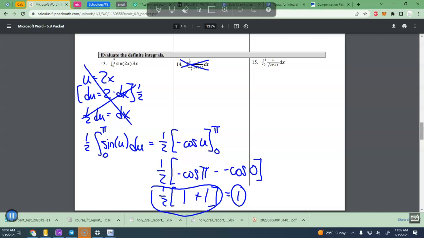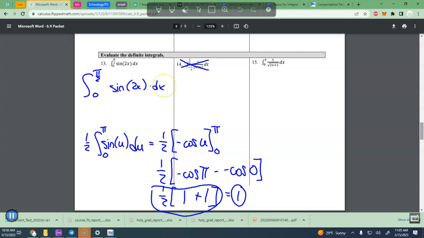Mr. Davis method will just get to here a little bit faster. So I would say big guy is sine, little guy is 2x. So I need the derivative of the little guy to be in the integral. So I'm going to put a 2 in the integral just to make that match up.